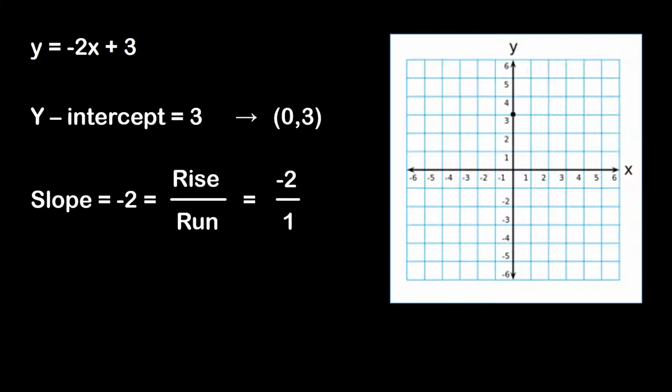Now let's just pretend that the rise was 2 and pretend that there was no negative sign, that we just had 2 over 1. If that was the case, we would write a rise of 2, or y increases by 2, and a run of 1, or x increases by 1. But in this case, the rise is negative. If that's negative, that means that y is decreasing rather than increasing.